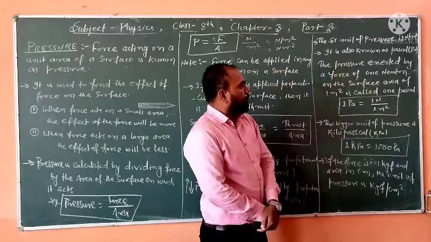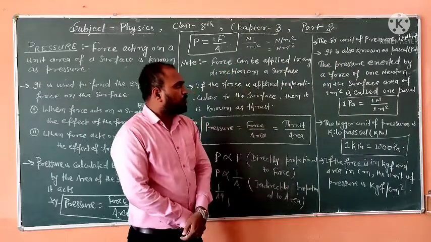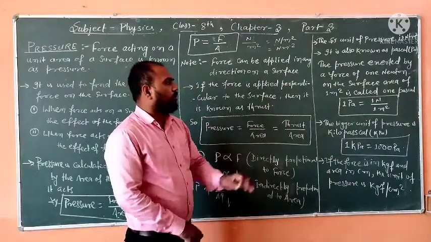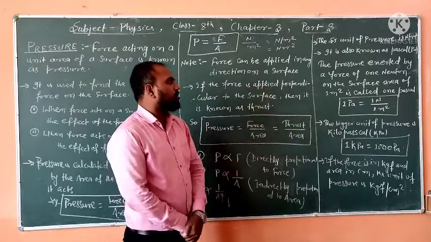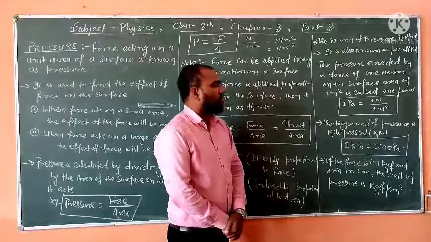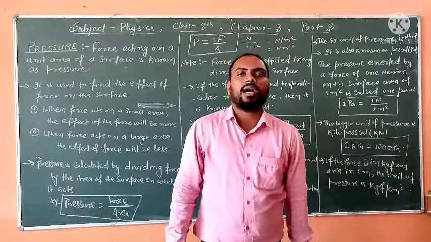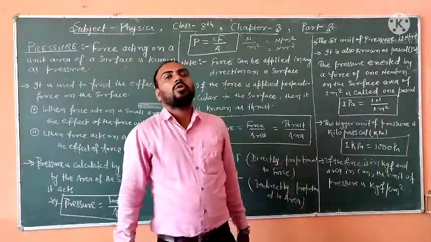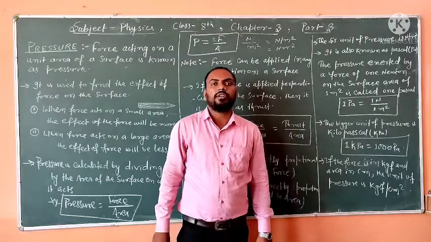The pressure exerted by a force of 1 Newton on a surface area of 1 meter square is called 1 Pascal. If anyone asks you to define 1 Pascal, how will you define?